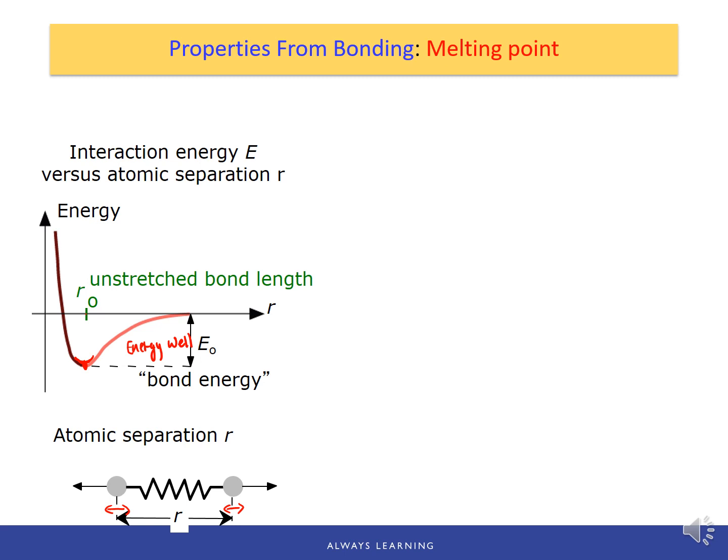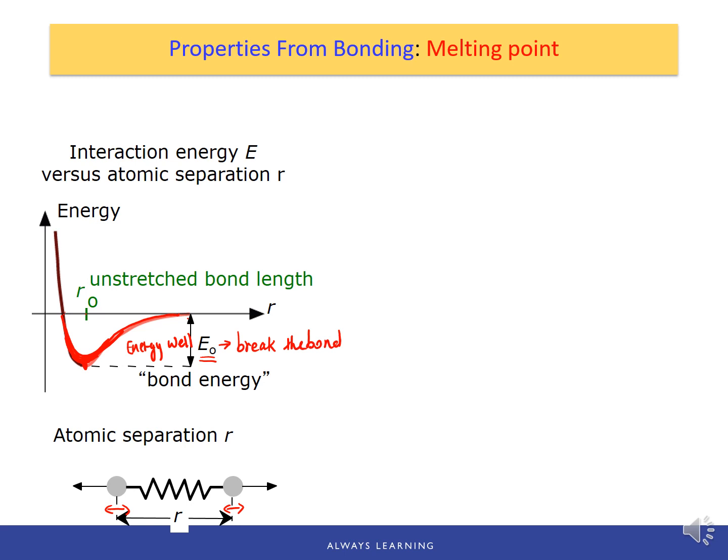It looks like a well, right? If we raise the temperature higher, the atoms vibrate more and more until the bond breaks. And remember, we mentioned the minimum energy to break the bond is E0.